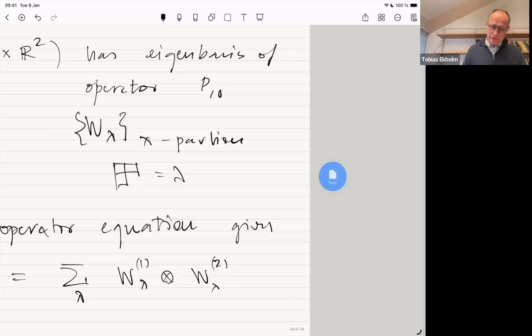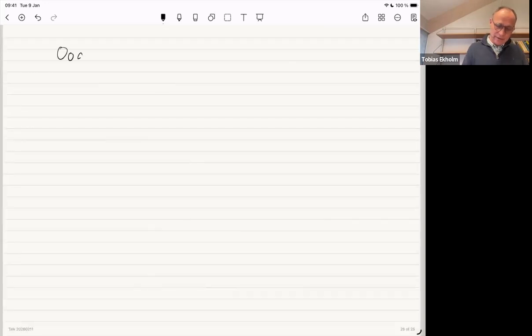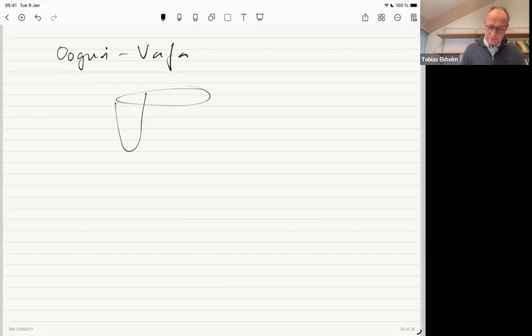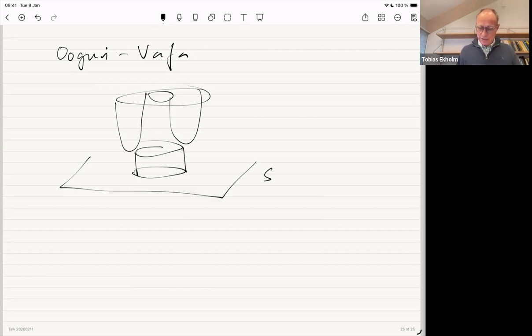So for Ooguri-Vafa, what we had was this conormal. Here we had this thing, and now it's coming down to S3. And now we know that if I go for all these ones, this one would be the sum over lambda of W lambda tensor W lambda.